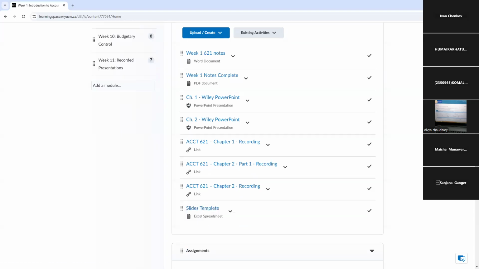Download this template. And once you download the template, I'm going to show you what you're supposed to see. Just give me a second.